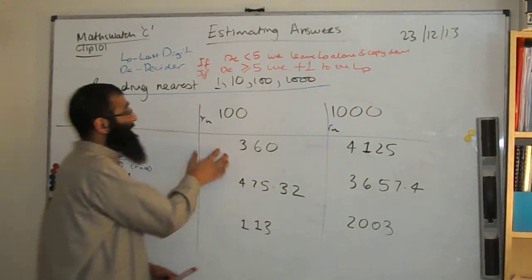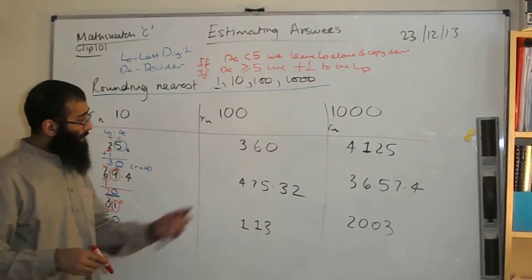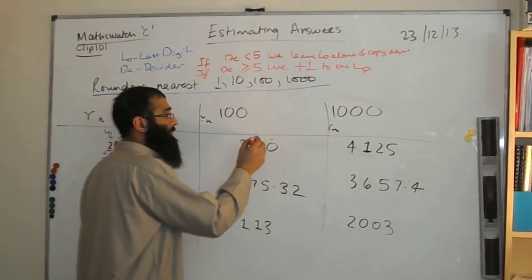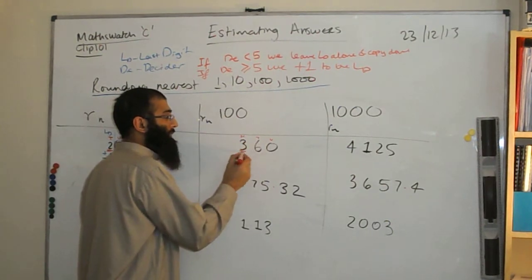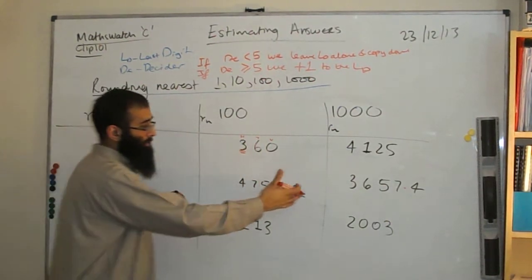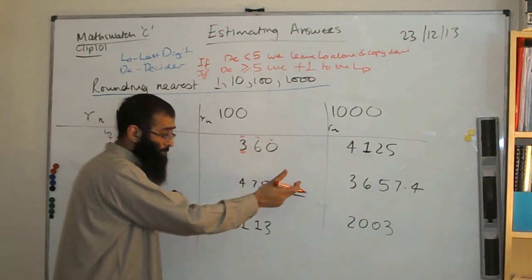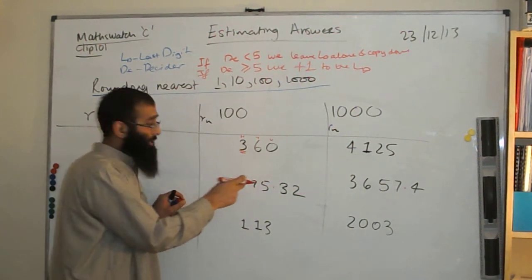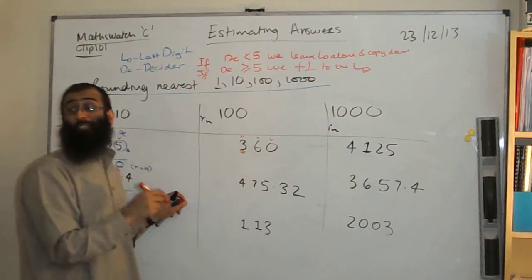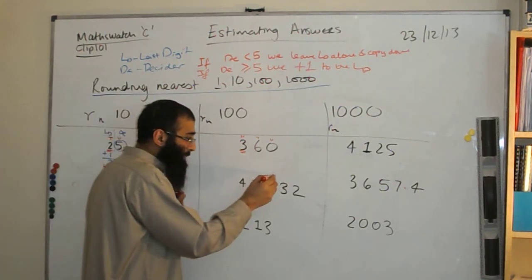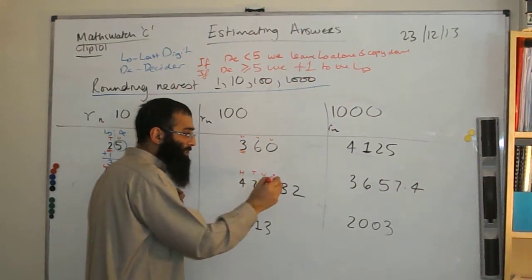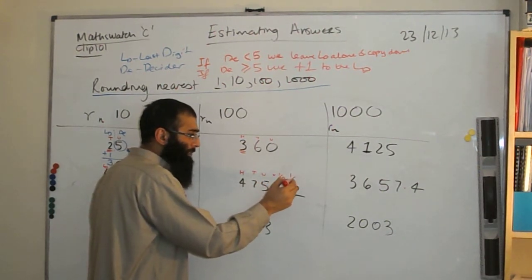Alright, next one. Round to the nearest 100. First of all, let's quickly identify what the hundreds place value is. Units, tens, hundreds. That one. Let's try that again. Okay, so this one point here. This is our units, tens, hundreds.